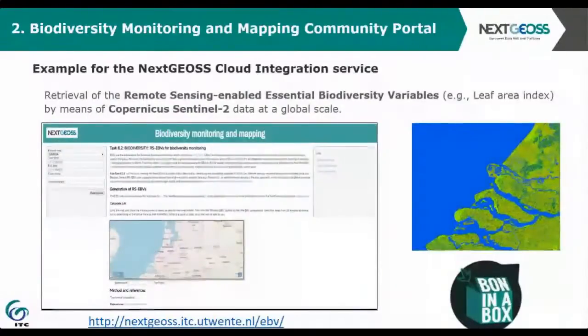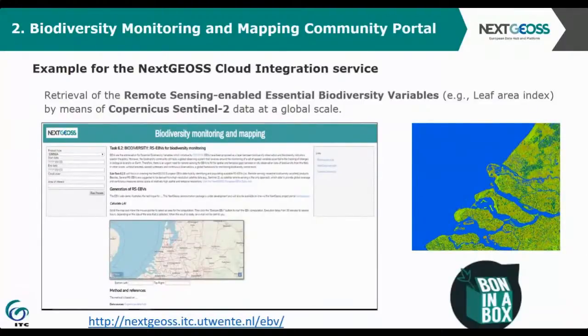As I said, we have 2 community portals. One of them is the Biodiversity Monitoring and Mapping portal, which was created by ITC. We harvest Sentinel-2 images as high resolution data to generate remote sensing enabled essential biodiversity variables proposed by GEO BON.